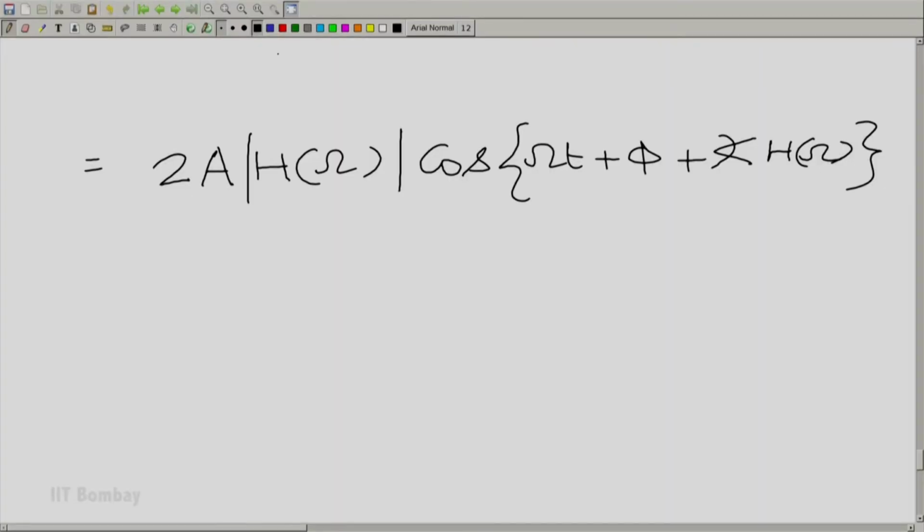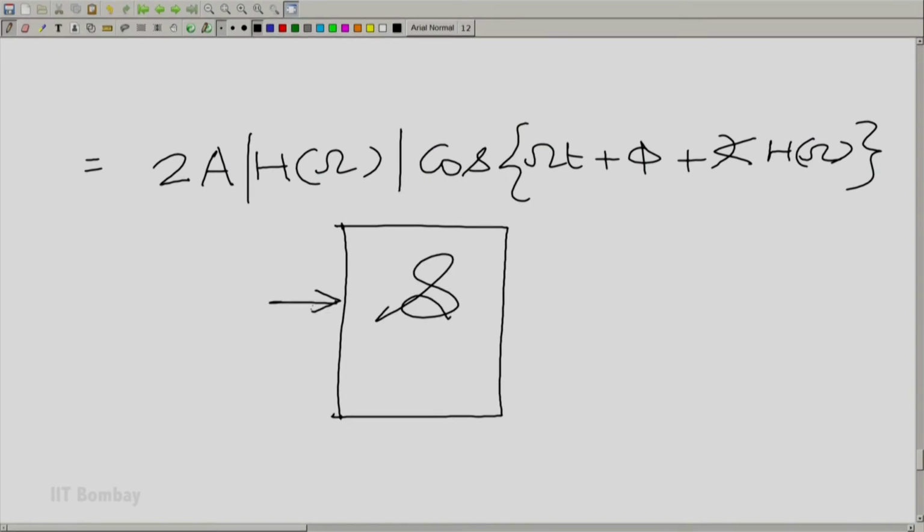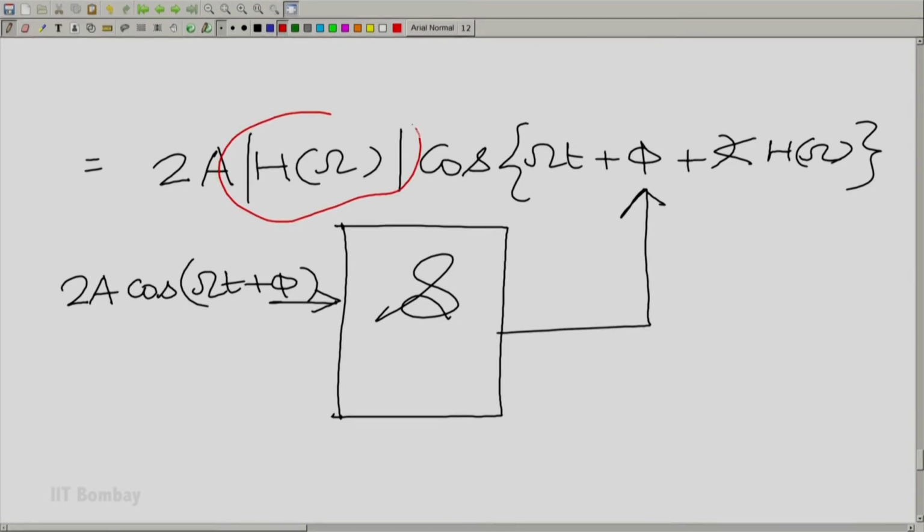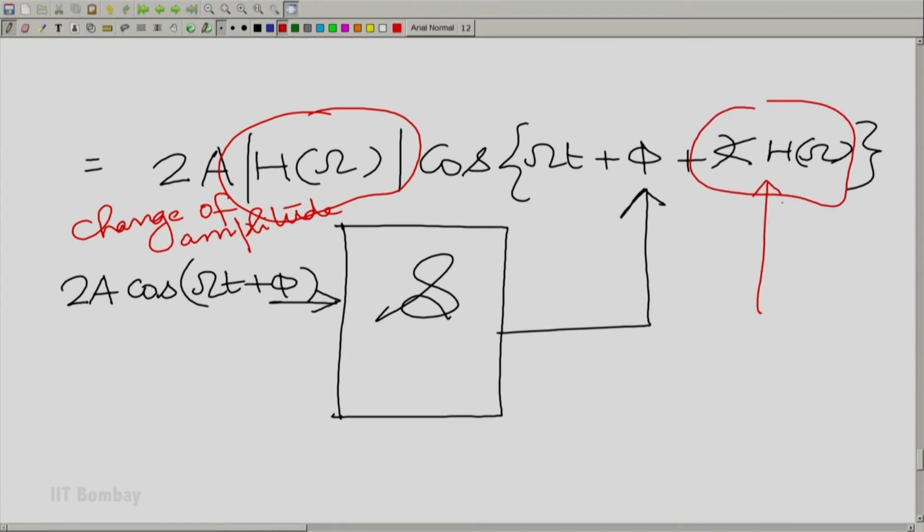So, here we are. We had this sinusoid which went in, and what came out is this. And as you can see, this is the change of amplitude, and this is the change of phase. And except for this change of amplitude and change of phase, there is no other fundamental change in the nature of the input.